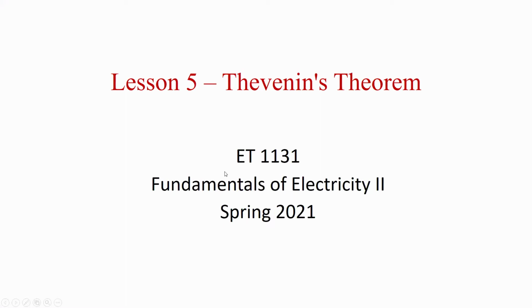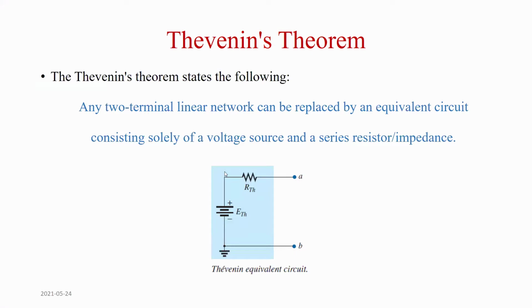So Thevenin's theorem, what does it say? It says any network, linear network. Linear network means it has current sources or voltage sources, inductors, capacitors, resistors.